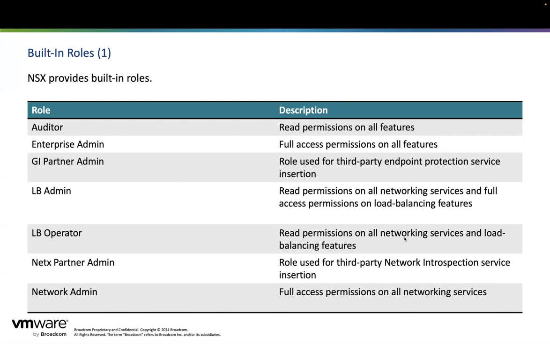The LB admin, read permissions on all networking services and full access permissions on load balancing features. The LB operator, read permissions on all networking services and load balancing features. The NetX partner admin is the role used for third-party network introspection service insertion. And the network admin, full access permissions on all networking services.